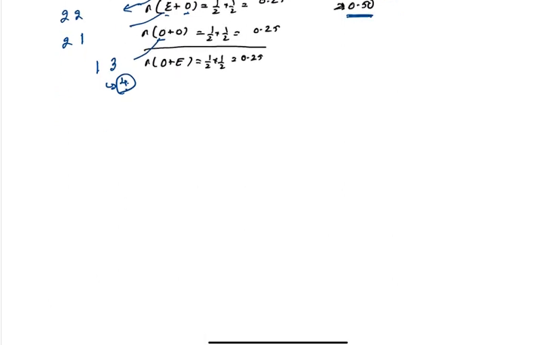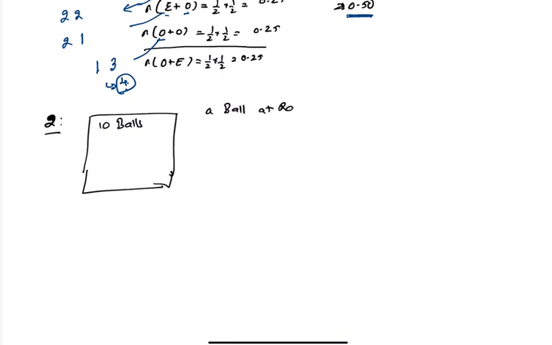Okay. Next question is, we have a box which has 10 balls. We pick a ball at random and then pick another ball.